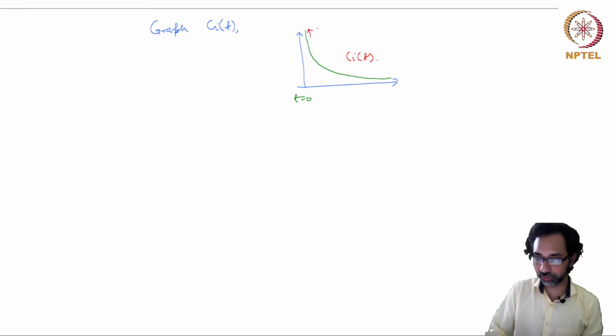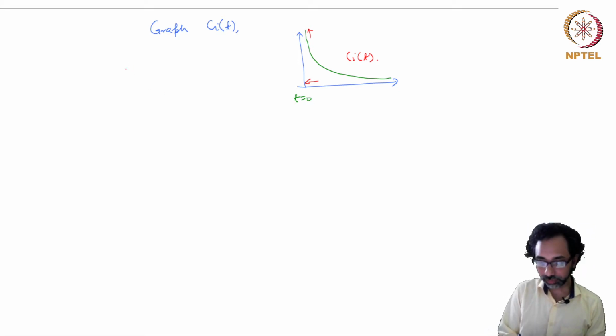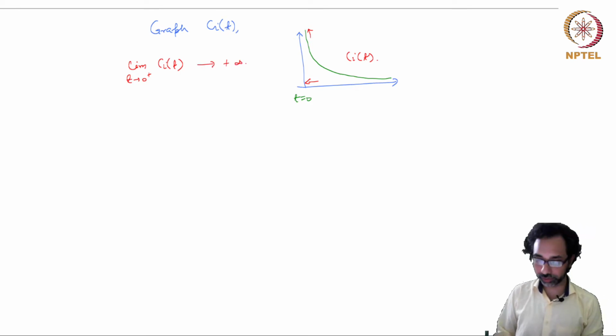It goes to plus infinity when you approach t from the right hand side. So we see that the limit as t tends to 0 plus of Ci(t) goes to plus infinity. So it's not a finite value, and therefore it's not a piecewise continuous function near 0.